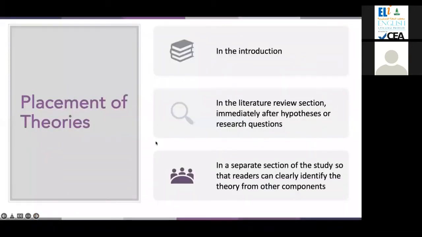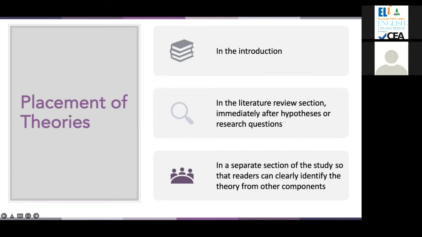Now, where do we place theories in writing? Well, we said that we have three forms: a series of hypotheses, logic statements, or visual models. Usually, there is no right or wrong here. Each research is different. Each research is the researcher's own story. So most researchers place theories in the introduction.